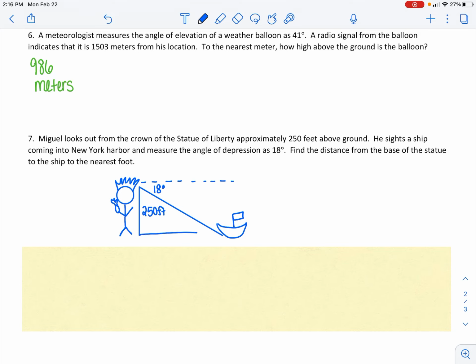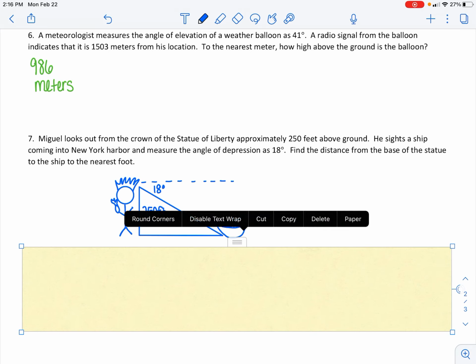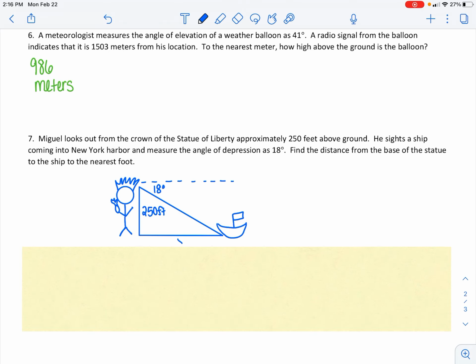Okay. So it wants us to find the distance from the base of the statue to the ship, to the nearest foot, it says.